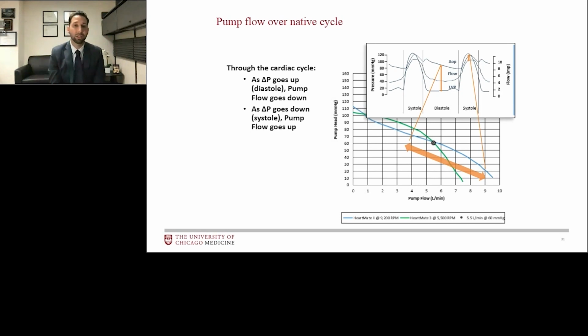You can see that during diastole, we have a pressure gradient of around 70 millimeters of mercury. And for the blue curve, the HeartMate 2 HQ curve, this correlates to a diastolic flow of around 4 liters per minute. During peak systole, that pressure gradient between the aorta and the left ventricle goes to 0, and the HeartMate 2 resultant flow would be around 10 liters per minute.